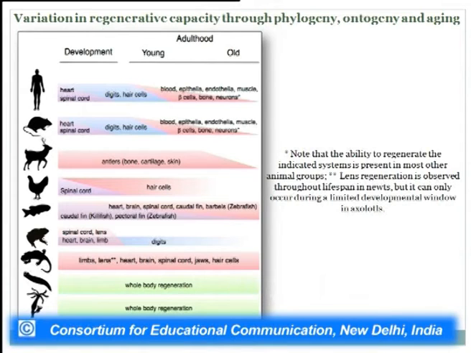In fishes, the heart, brain, spinal cord, caudal fin and barbels can be regenerated, and the caudal fin and pectoral fin, for example in zebrafish and killifish, can be regenerated during developmental ages. In birds, the spinal cord can be regenerated during development, and only the hair cells or in some cases the beaks can be regenerated during the young stage.